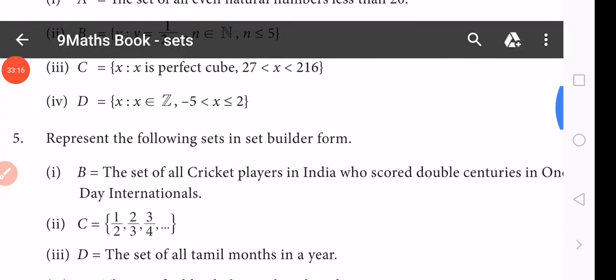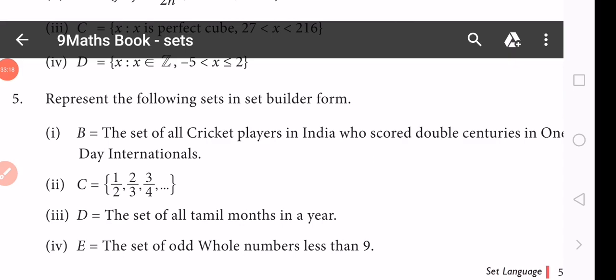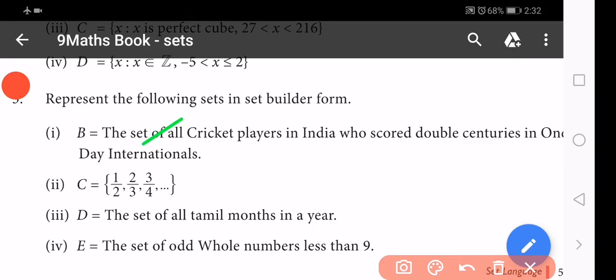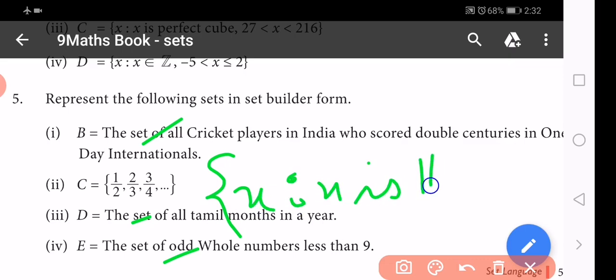Okay students, now represent the following sets in set builder form. This one is very important and the easiest one. The first, third and fourth are very easy. In all three we start with set notation, for all x such that x is the, then we write the verbal description.